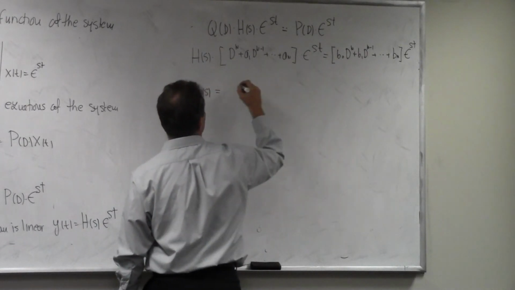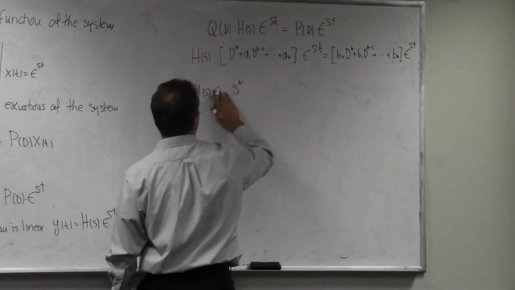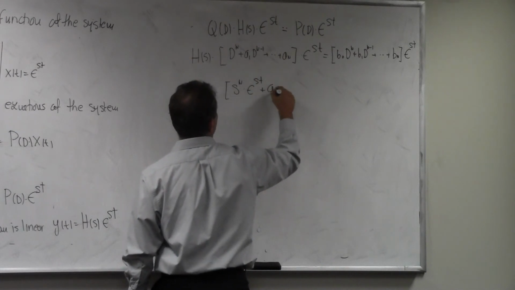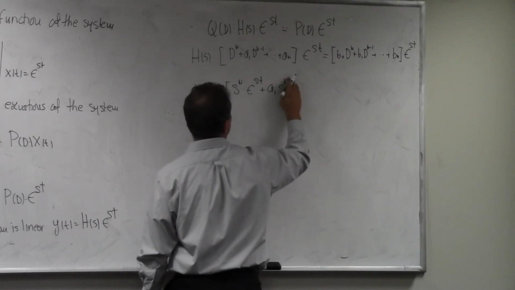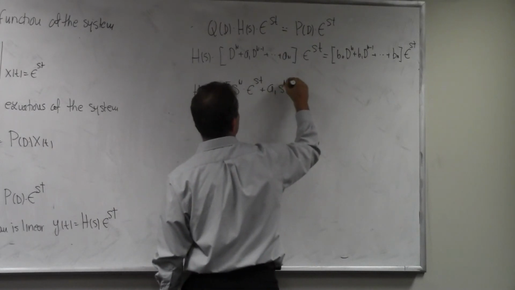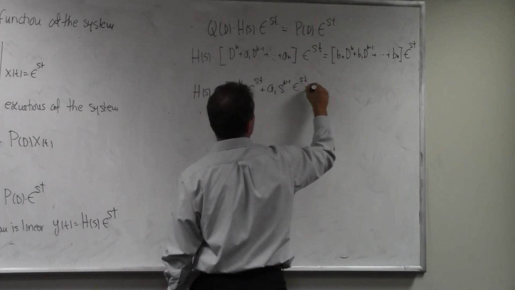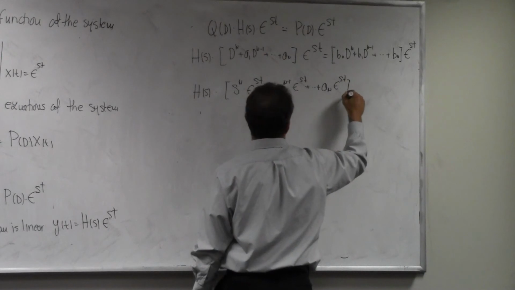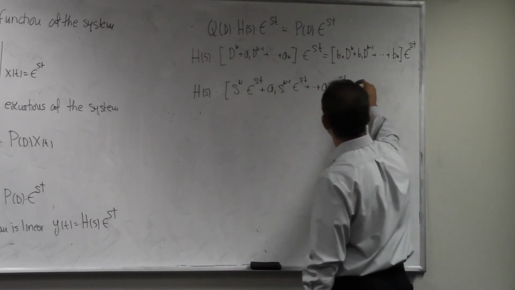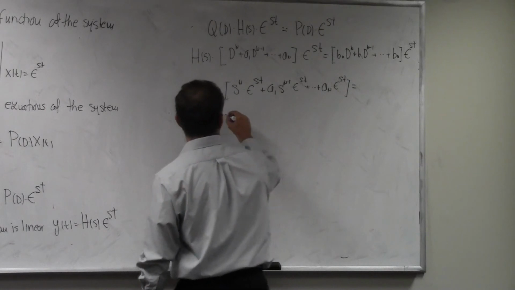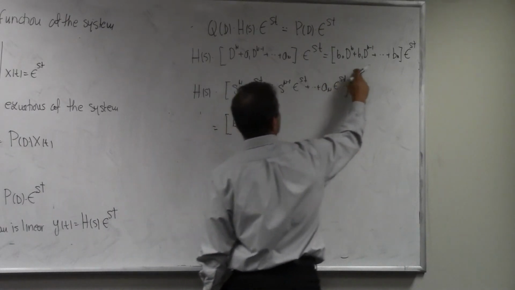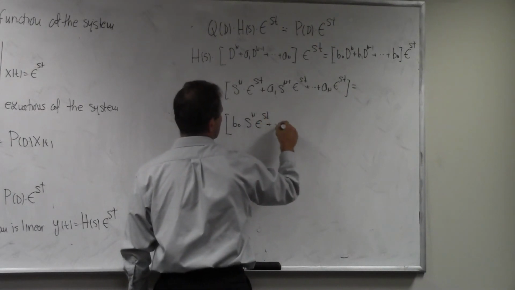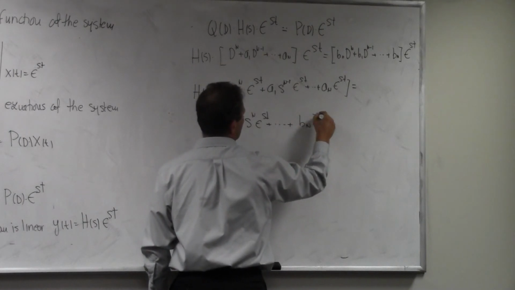When I take the nth derivative, this is s to the n e to the st plus a1 s to the n minus 1 e to the st plus and so on plus an e to the st, and that has to be equal to b0 times the nth derivative of e to the st, which is s to the n e to the st, plus and so on, plus the last one, bn.